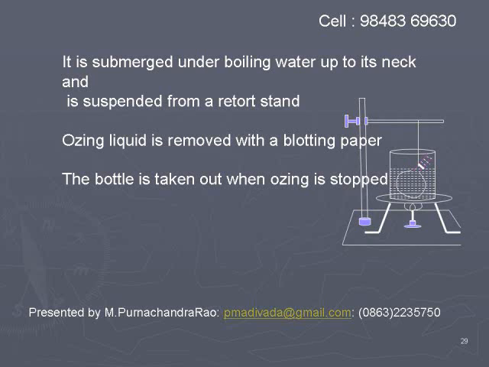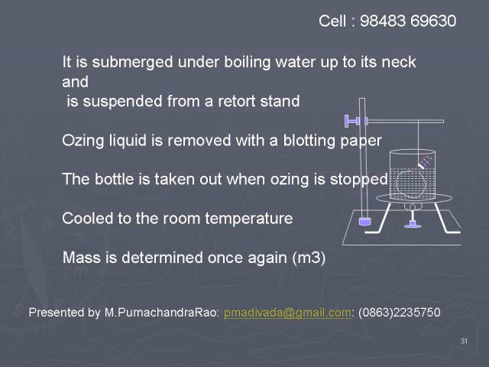The bottle is taken out when oozing has stopped. When the oozing stops, that indicates the expansion has stopped. Then the specific gravity bottle is taken out and cooled to room temperature.